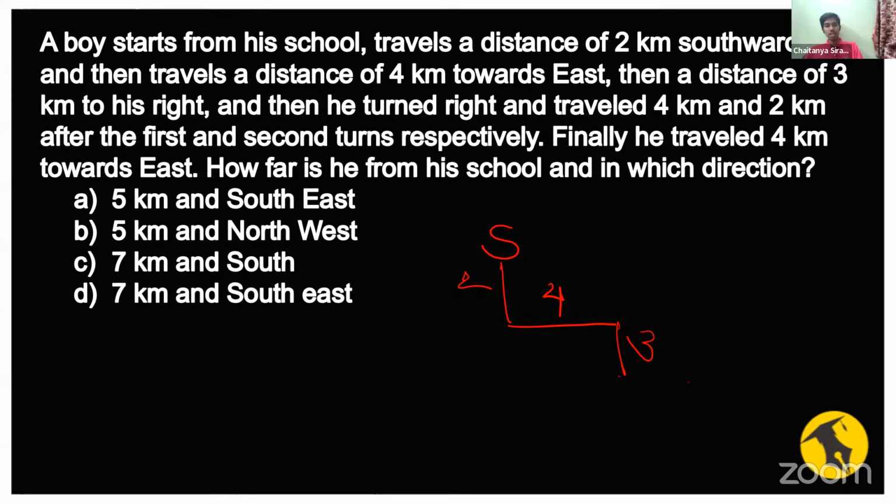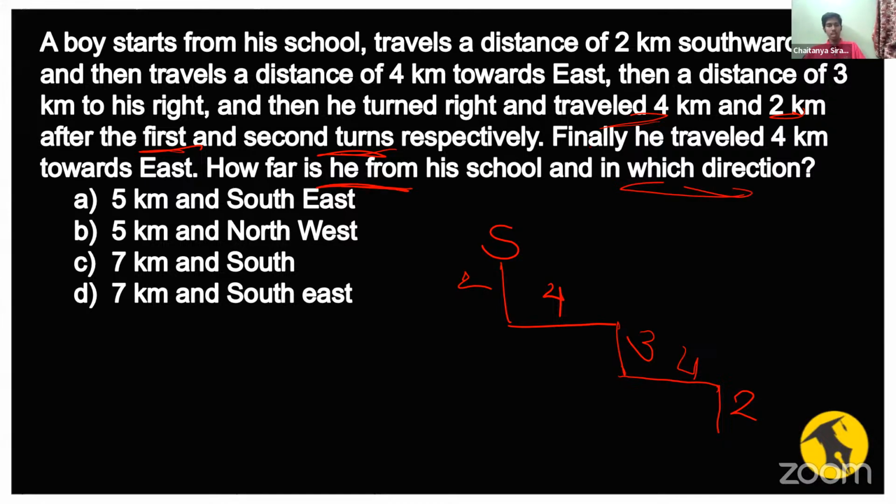Then again a right turn this way, 4 kilometers. Then he turned right and traveled 4 kilometers and 2 kilometers at first and second turn respectively. So he took two consecutive right turns. At first he traveled 4 and then again took a right turn and traveled 2. Now they're asking how far is he from his school and in which direction.